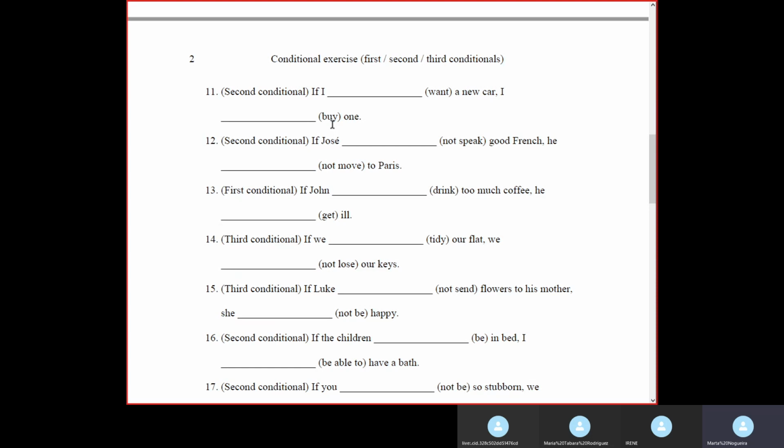Eleven, if I wanted a new car, I would buy one. Twelve, if Jose didn't speak good French, he wouldn't move to Paris. Thirteen, if John drinks too much coffee, he will get ill.